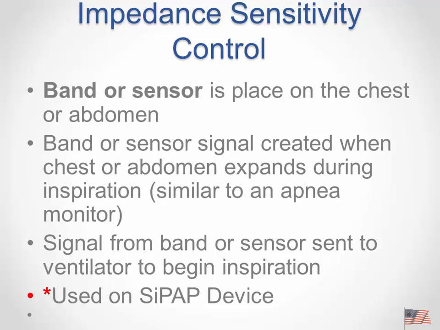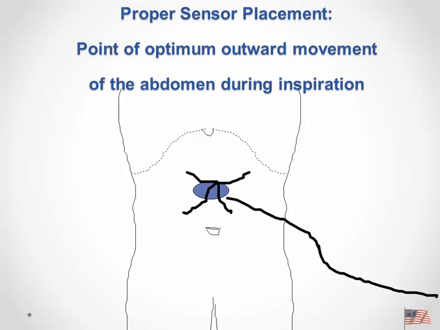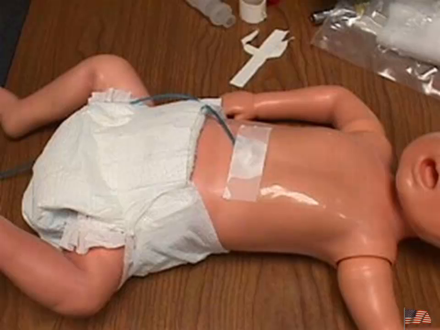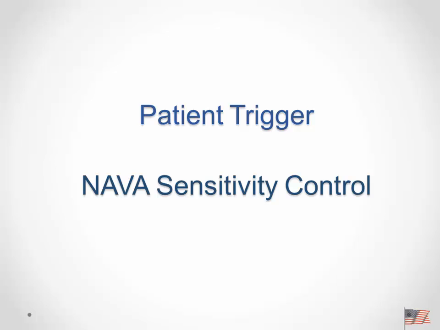That signal can be used to trigger inspiration, and we have it on that CPAP device that we have. So here we have the sensor basically just taped to the abdominal wall. There used to be a whole lot of ventilators that did it. That's not as common anymore.